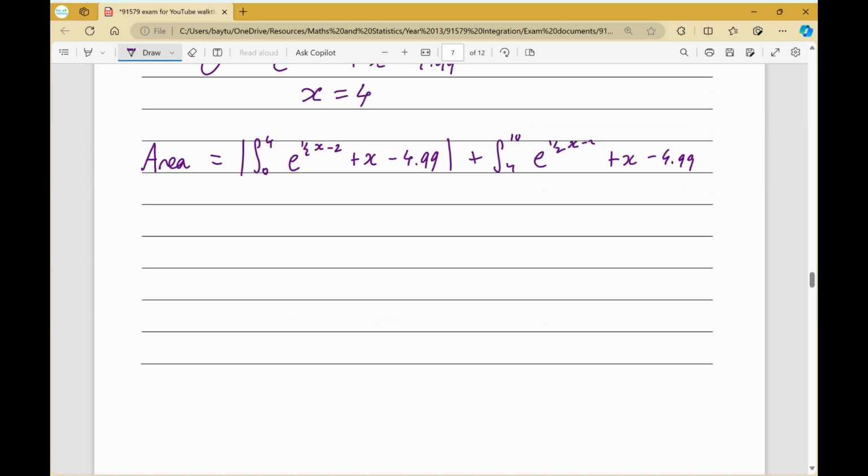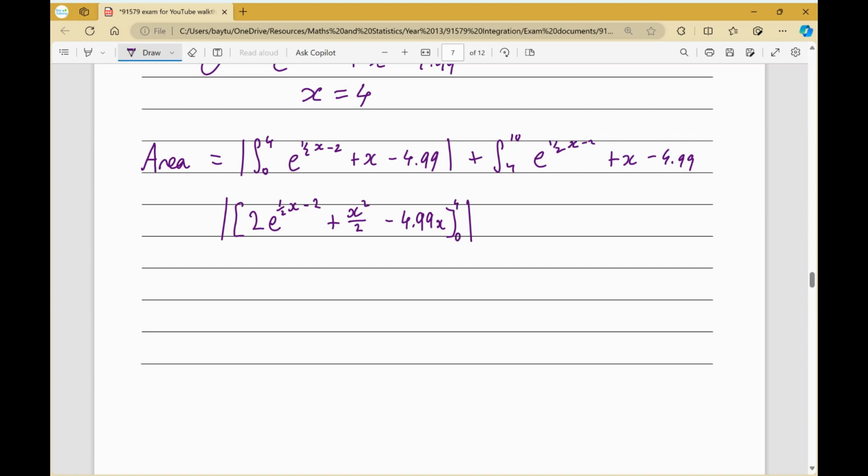So we'll integrate. And that will give us 2e to the power of half x take away 2 plus x squared over 2 take away 4.99x. So again, we're going to want the absolute value of that, between 0 and 4.